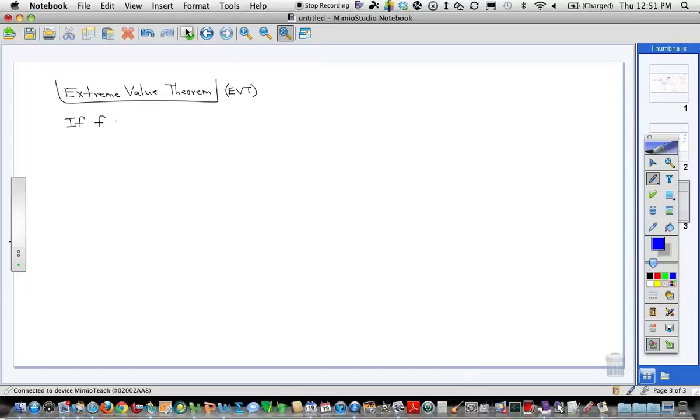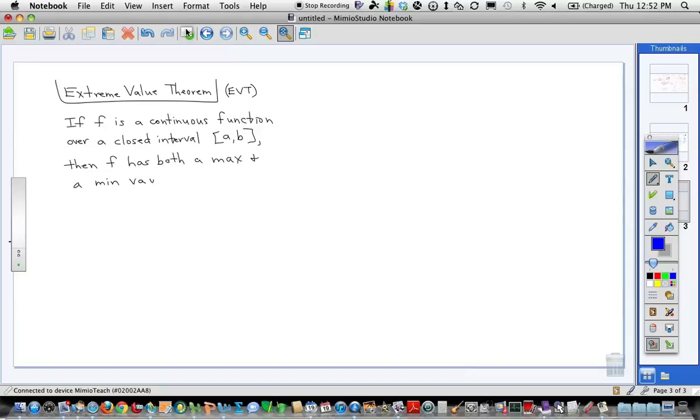If f is a continuous function over a closed interval a comma b, then f has both a max and a min value. Okay?